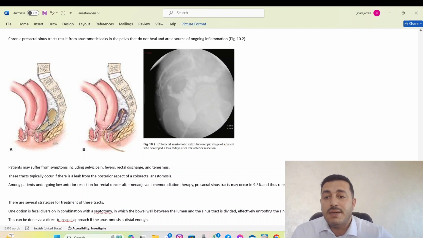You see the septum between the sinus and the lumen. We can remove it and create a common channel between them. This is how the sinus looks like.